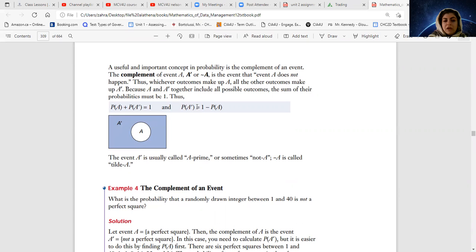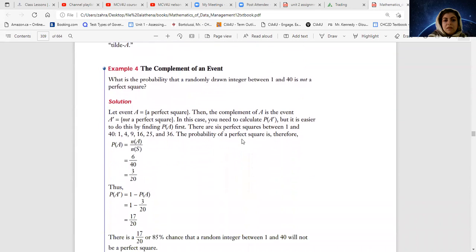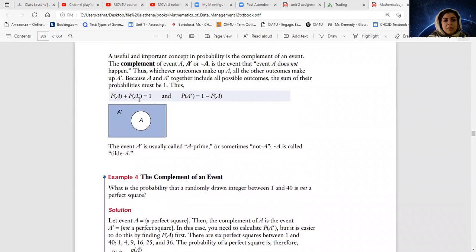So for the probability of A not happening, you just move P of A to the other side, and it's going to be 1 minus P of A. The probability of A not happening is equal to 1 minus the probability of A happening. The complement of an event is A prime. So we call A prime the complement event.